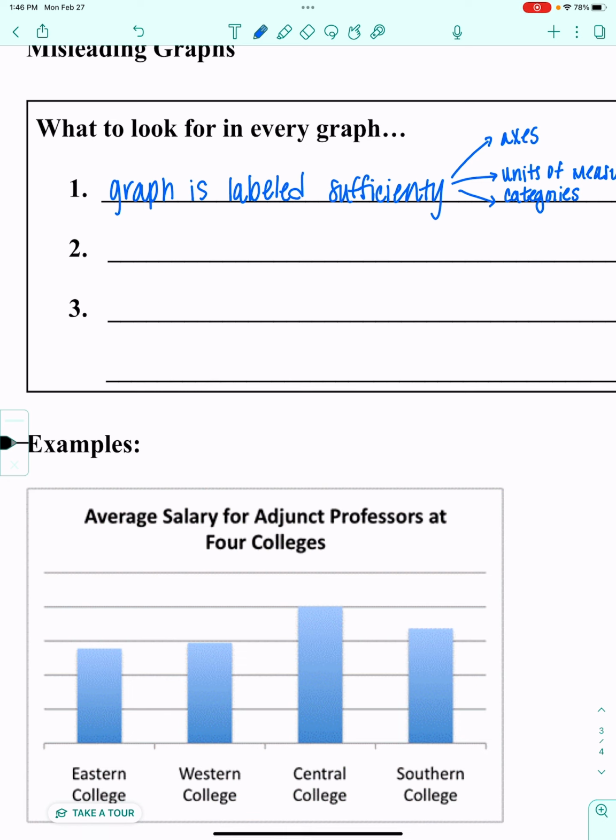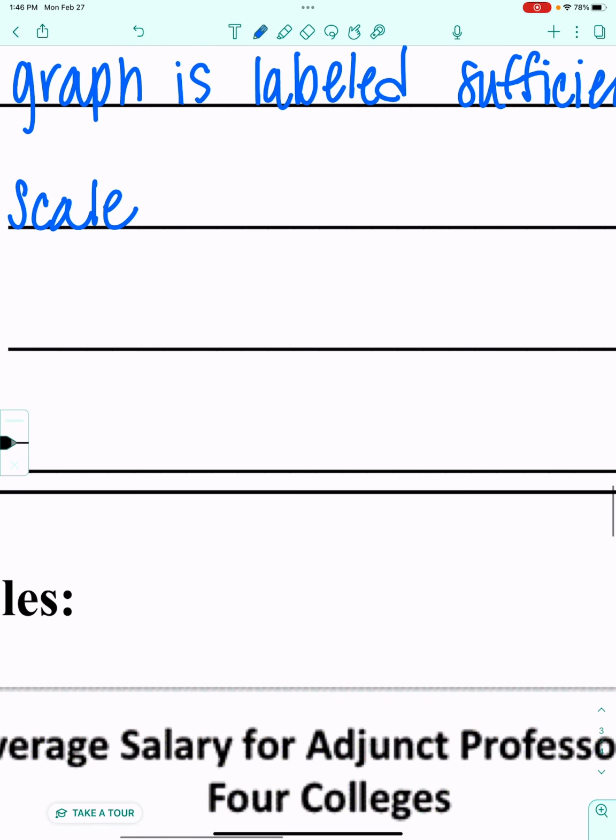The second thing you always want to look for is the scale. We talked about scales on pictographs. Make sure that you know one sunshine equals 2 days at the beach.